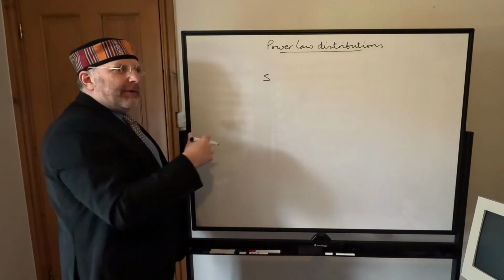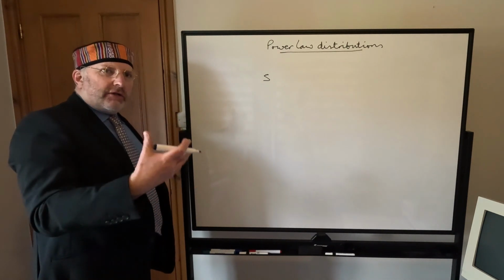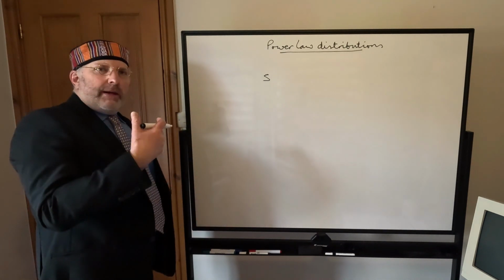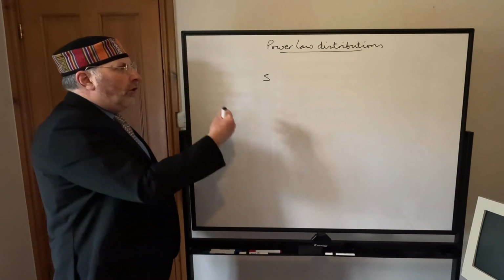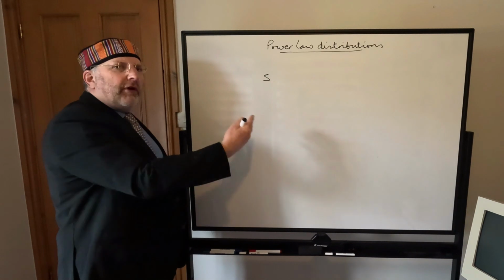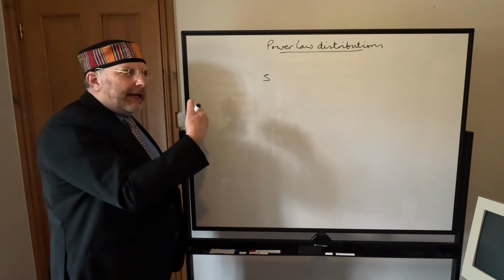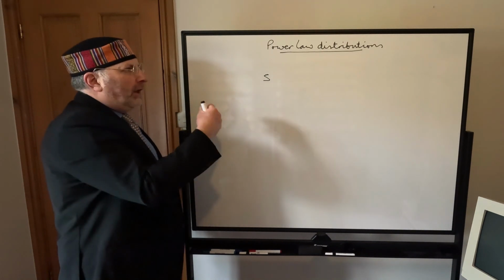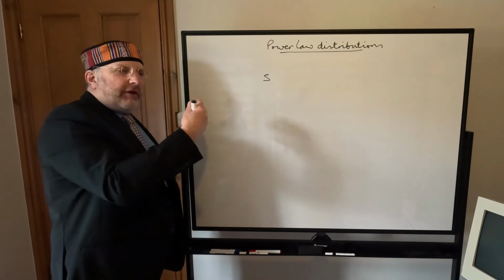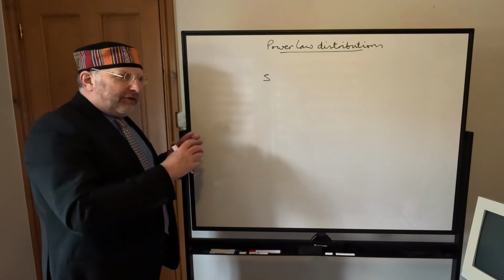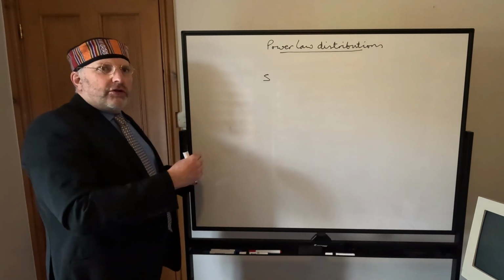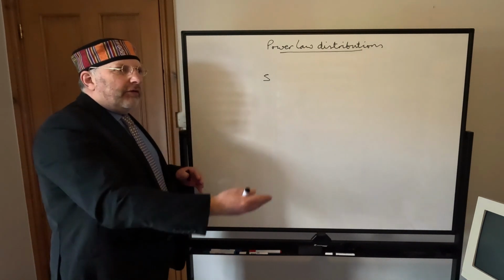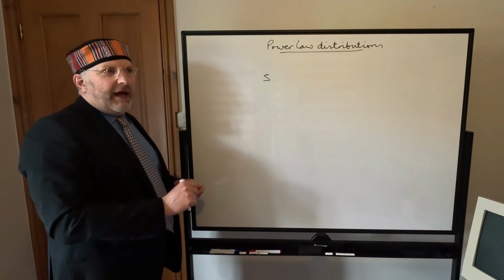Or S might be the population sizes of cities, or the sizes of people's incomes, or the number of citations received by academic papers. All these things are things of different sizes. And so we have a set of items where the size can vary, the populations of the cities can vary, the number of people killed in the wars can vary.